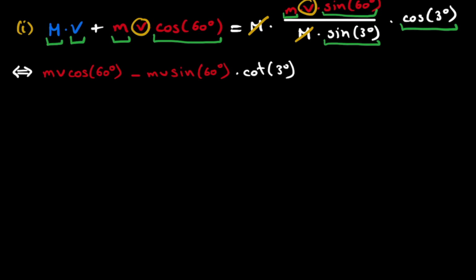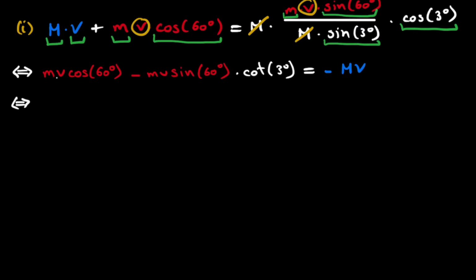What I did here was simply move this term to the other side of the equality sign, so we get a minus sign, and divide; a cosine of an angle divided by a sine of an angle will always be the cotangent of this angle. And this will be equal to simply moving this term to the other side, so getting a minus sign, minus the mass of the comet multiplied by its velocity.